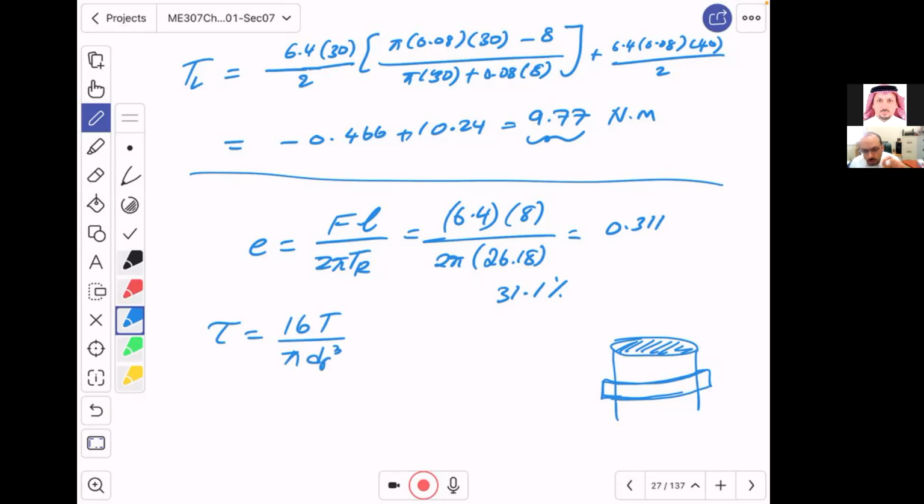Now, what is the torque that we are going to use? The lowering torque or the raising torque? Which one? The lowering. Why? Because the minimum, I think.